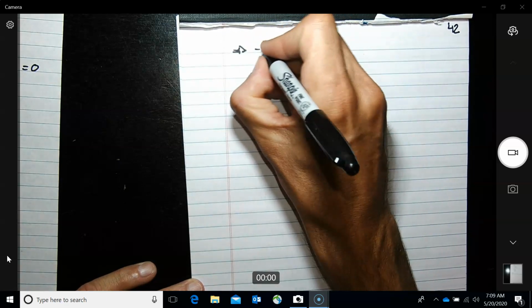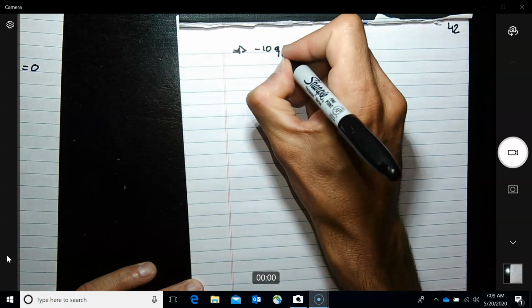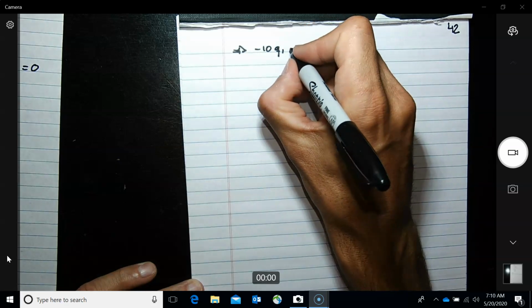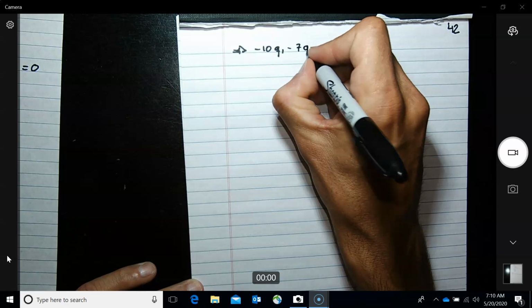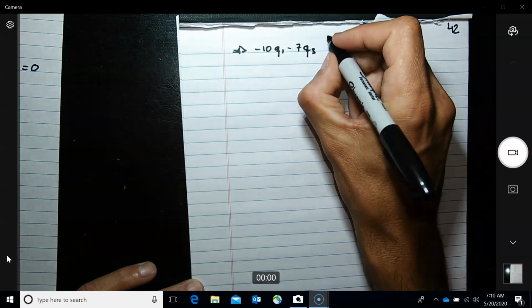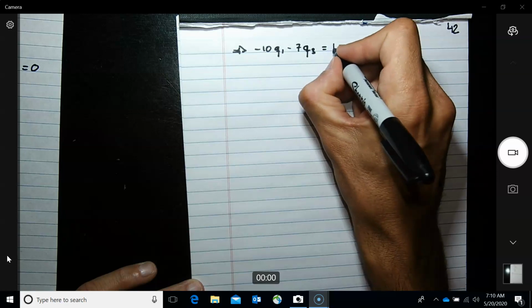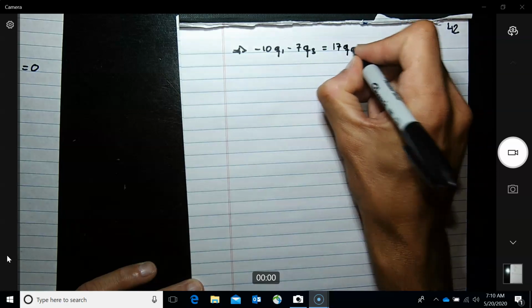We get minus 10q1 minus 7q3 equal to 17q sub naught.